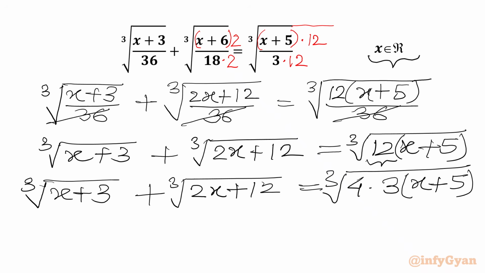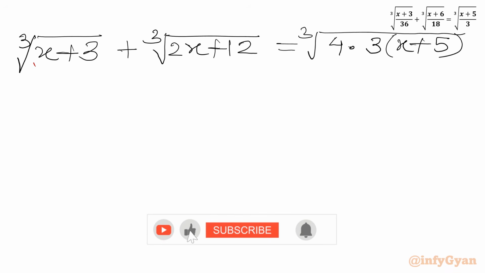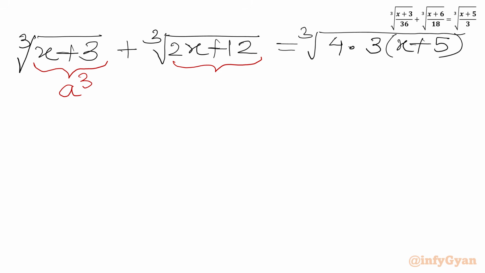Now I will consider our substitutions. Let's say radicand x plus 3 equal to a cube, radicand 2x plus 12 equal to b cube. Let me write our equation here. Now let us calculate the value of a cube plus b cube.